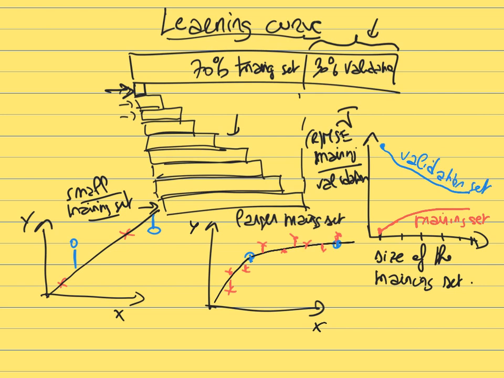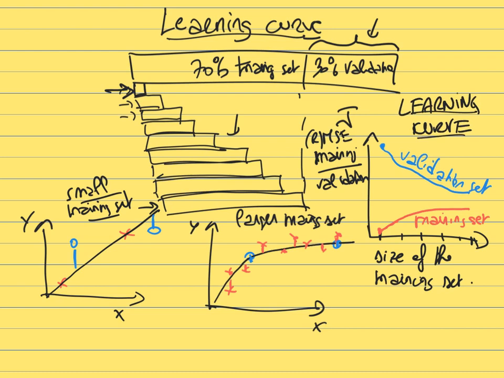So this is going to be the general trend of the learning curve. This is the learning curve here. You plot the value of the validation error and the training error as a function of the size of the training set.